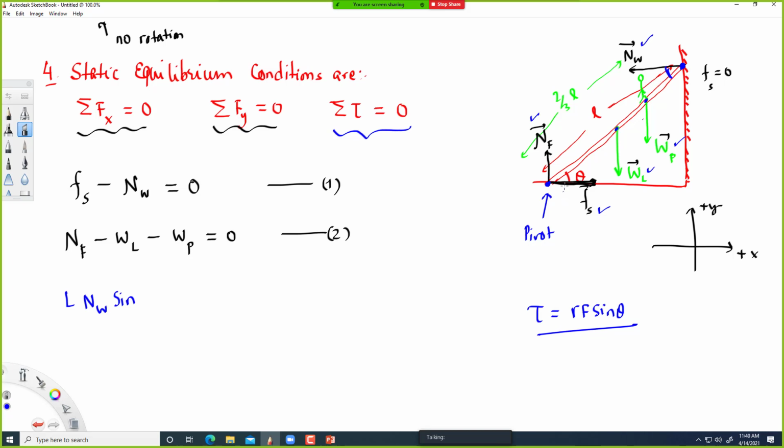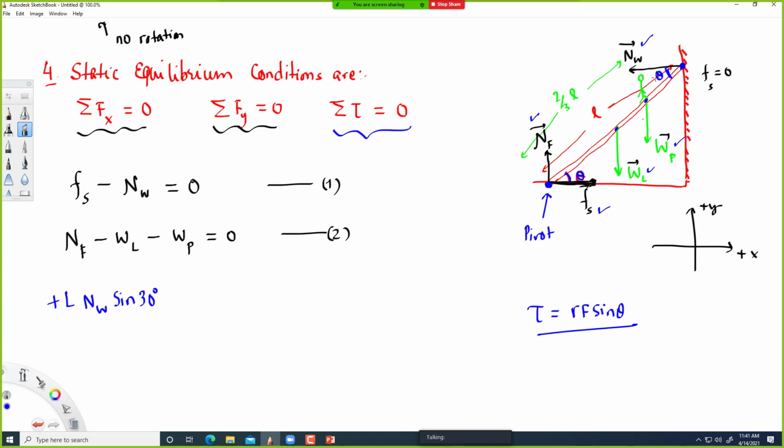This angle and this angle are the same because they are alternate angles. Yeah, 30 degrees. So sine 30 degrees. Now, if this is our fixed point, will the rotation be counterclockwise or clockwise? Counterclockwise, yeah. So that would be plus.